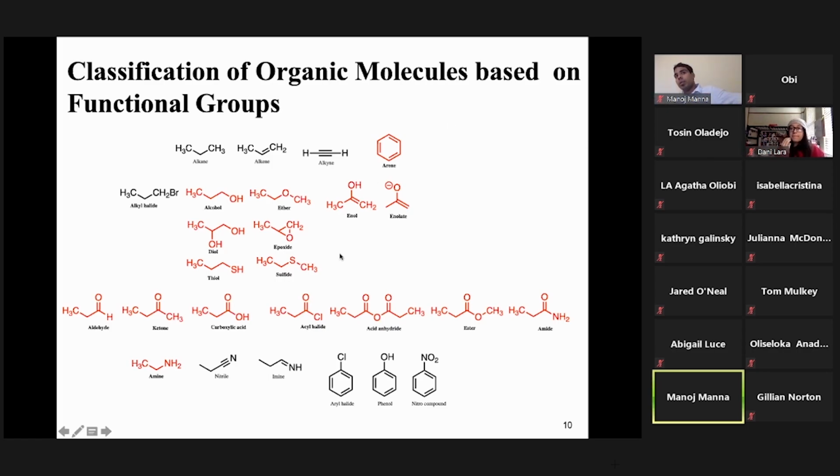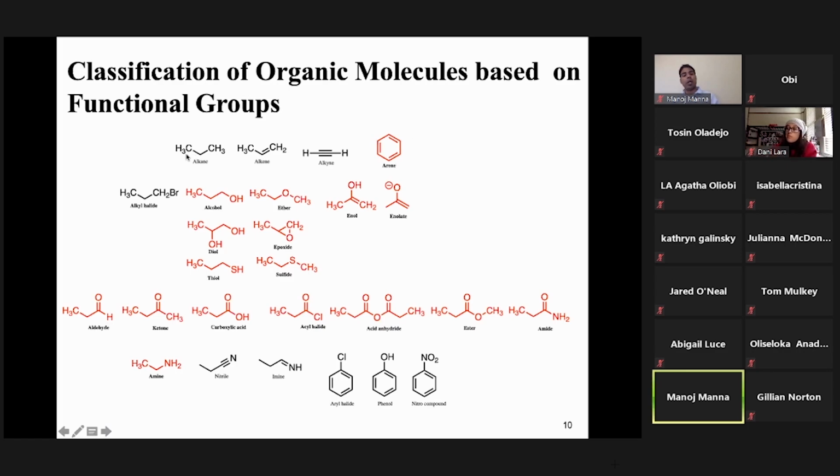We have millions of molecules, but in general we have a classification of organic molecules. These four classes are hydrocarbons. A compound made up of carbon and hydrogen we call a hydrocarbon, but based on the structural feature we have alkane, alkene, alkyne, and arene.